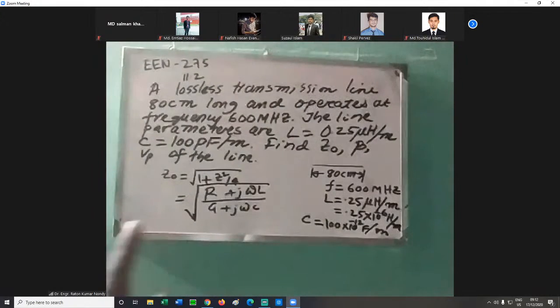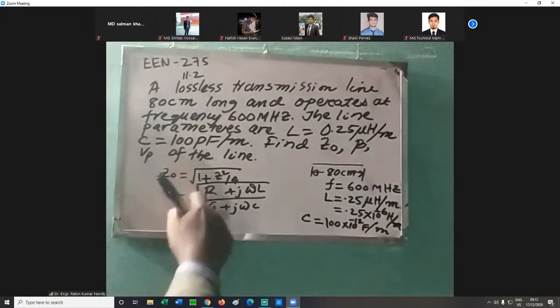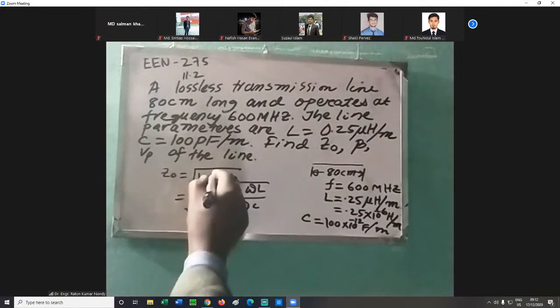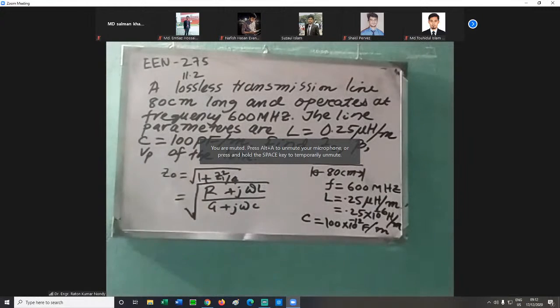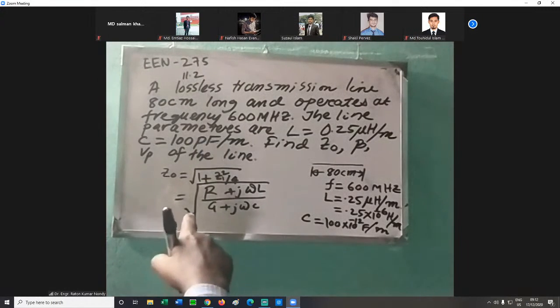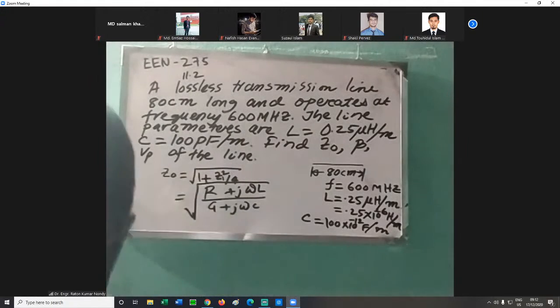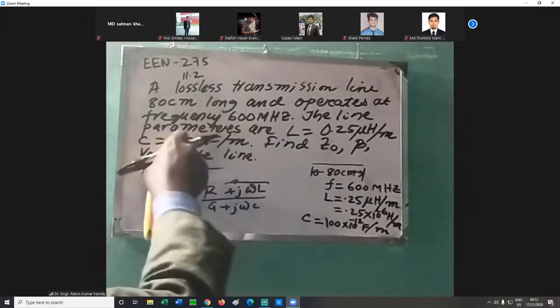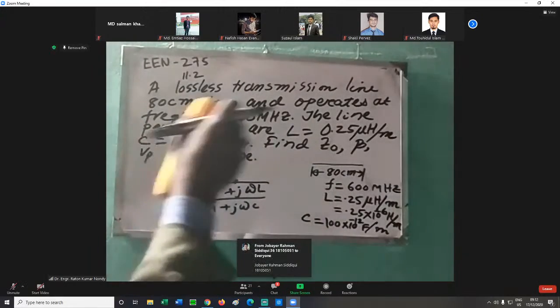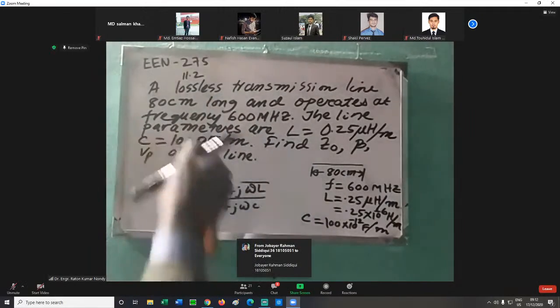You see, Z0 means characteristic impedance of the line. The characteristic impedance has two equations. One is root over Z1 plus Z1 squared by 4, which we have derived. And another is, but that equation we are not needing today. Z1 may be the series impedance, right? Good, that is the series impedance.